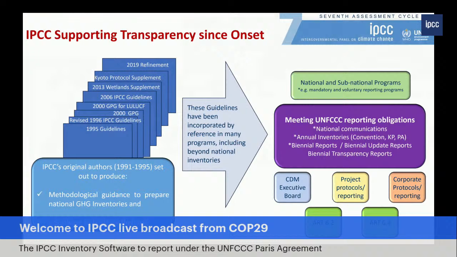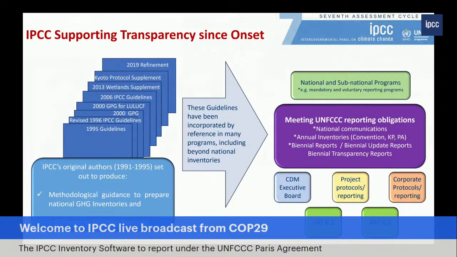So even before the convention was set, and they immediately decided to produce the guidelines and a software to support the implementation of the guidelines, because the need to support the capacity of countries has always been a clear need in IPCC.